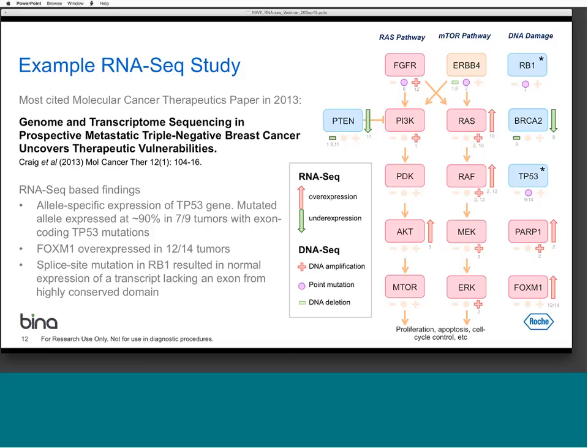But it's been shown before that the copy number change does not necessarily always result in a change in the over and under expression. So it's good to confirm that. And so within these pathways, in the case, for instance, of the FGFR gene, even though a DNA amplification was observed, the corresponding FGFR gene was not seen to be overexpressed.